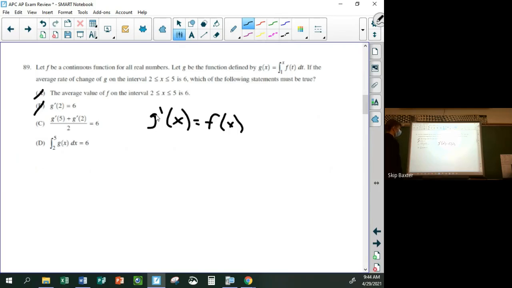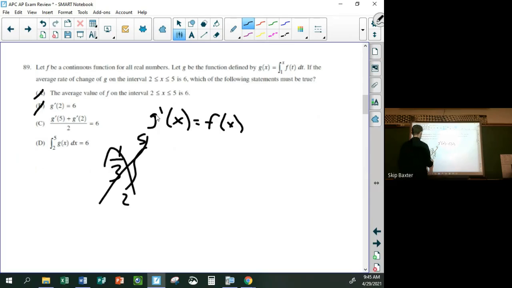Average value is. Average rate of change.